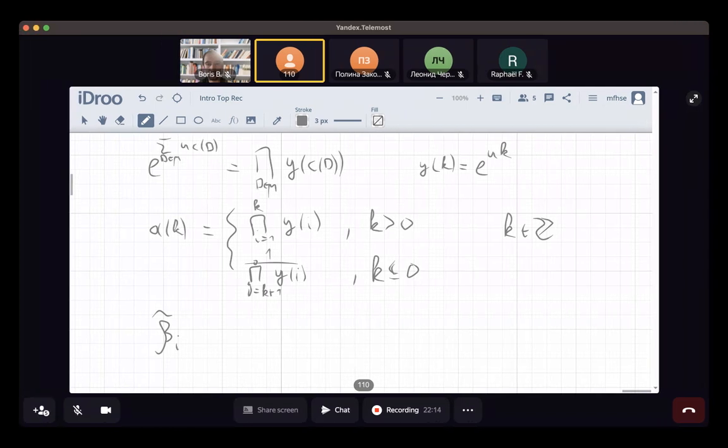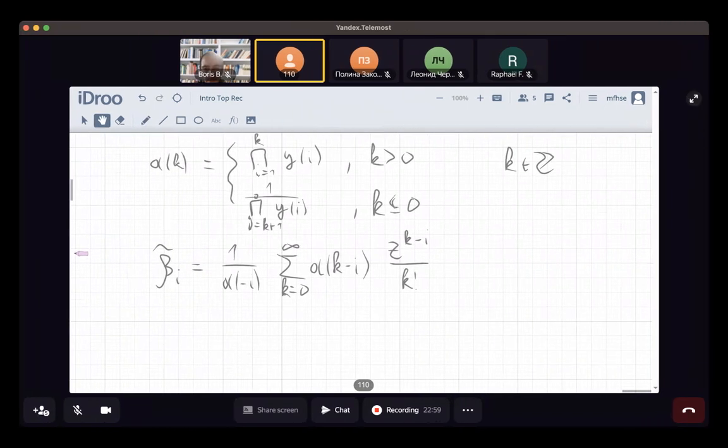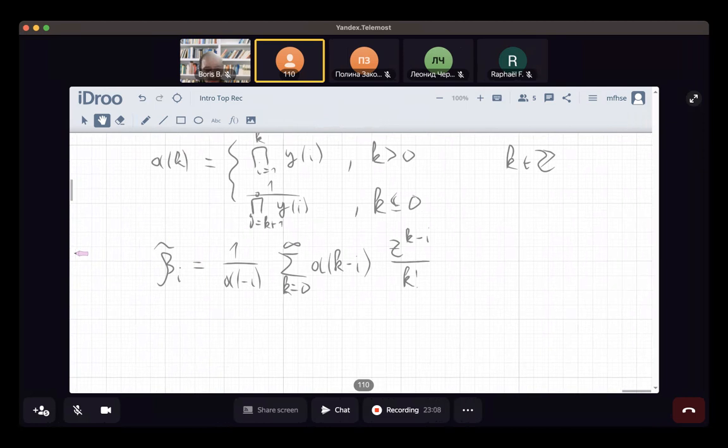Recall that we had this in the original beta, and the claim is that if I define A like that, plug it in as the coefficient A of k minus i, and then divide by A of minus i, then this will be exactly what I need.